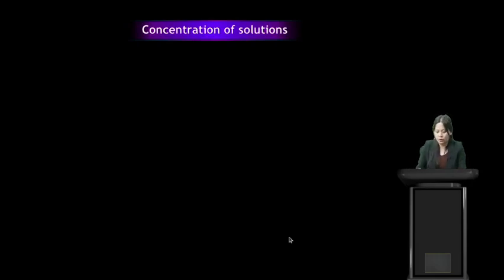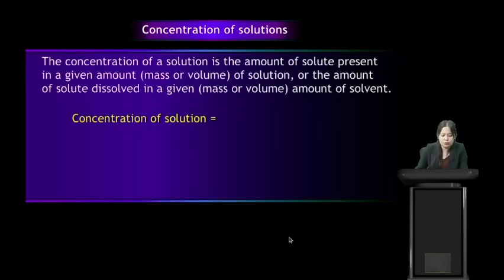Concentration of solutions. How do we calculate the concentration of a solution? The concentration of a solution is the amount of solute present in a given mass or volume of solution, or the amount of solute dissolved in a given mass or volume of solvent.